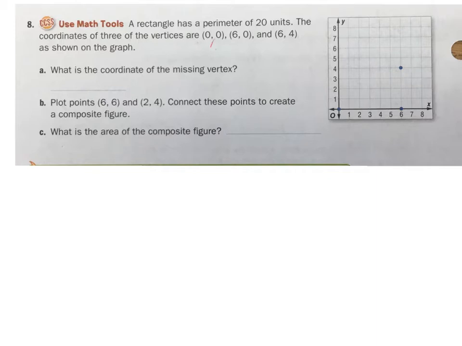I'm going to call this A, B, C. Now it's a rectangle, so we don't know the coordinates of D, but we'll figure it out. Okay, 0, 0, right here, that's A. 6, 0, there's B. And then 6, 4, right here, that's C.